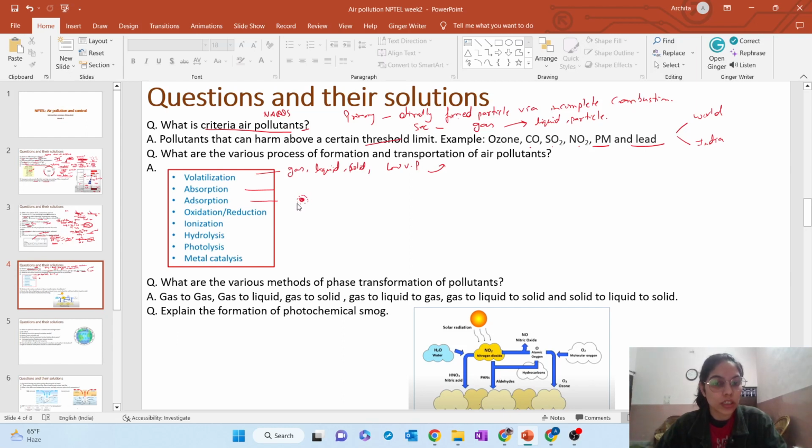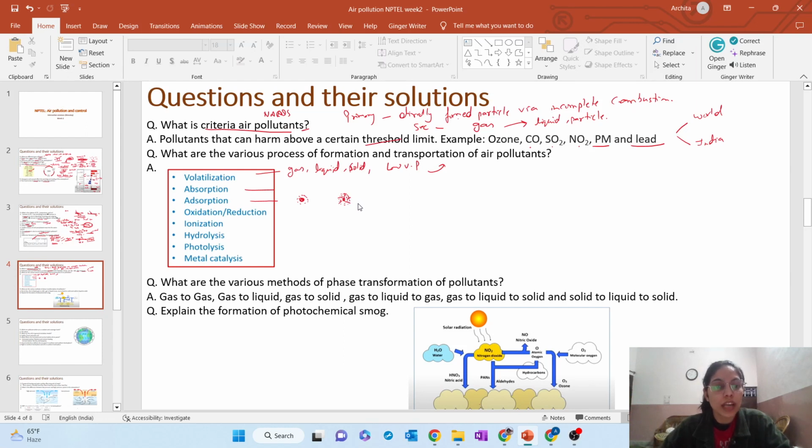In secondary formation, particles start with a tiny nucleus, and sulfate, nitrate, water vapor, black carbon, and ammonia all start sticking to this one nucleus and make a bigger pollutant.